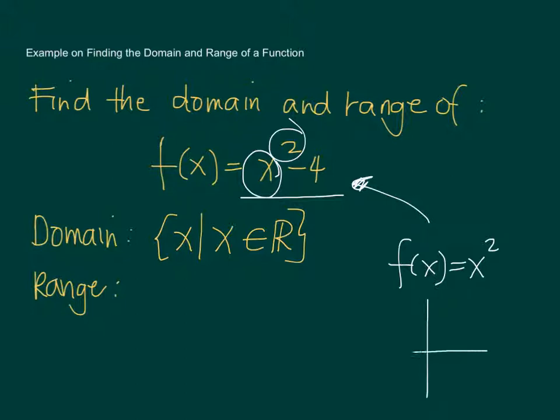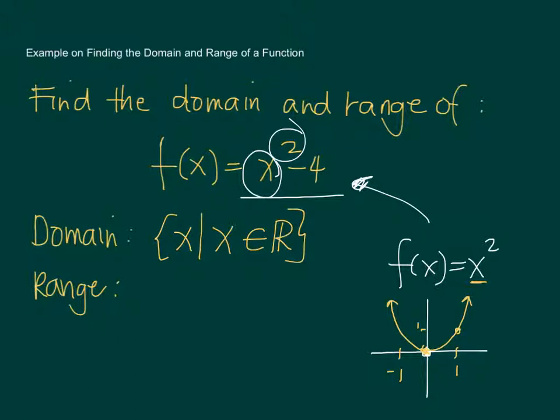Just to give you a quick review, the graph of x squared has a vertex at (0, 0), and the graph opens upward. If you want to be more specific with the points on the graph, you can identify two more points. If x is 1, then 1 squared gives a y value of 1, so this is (1, 1).